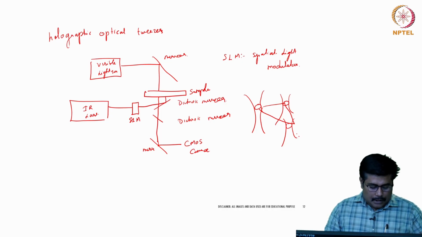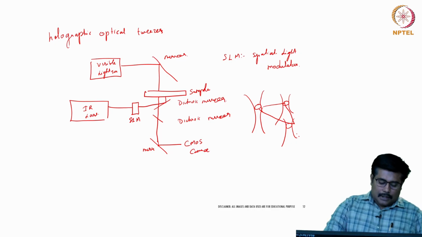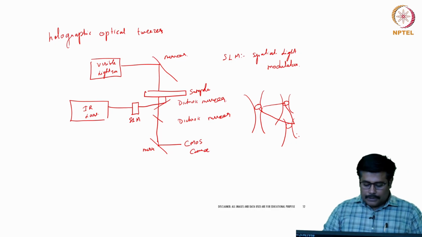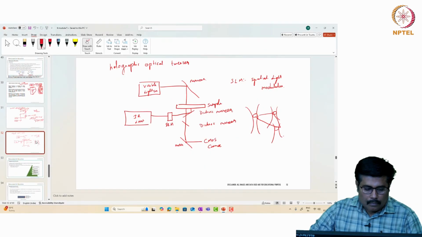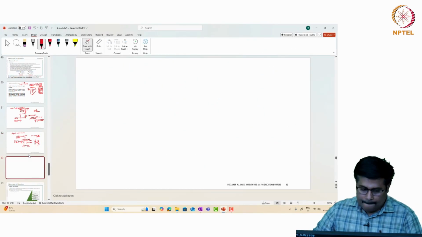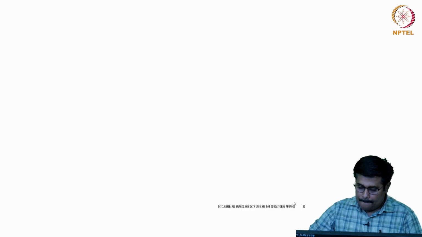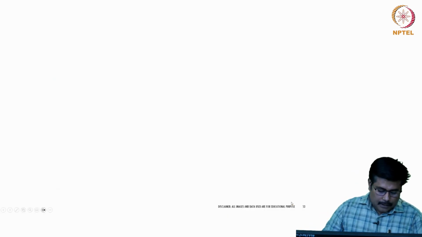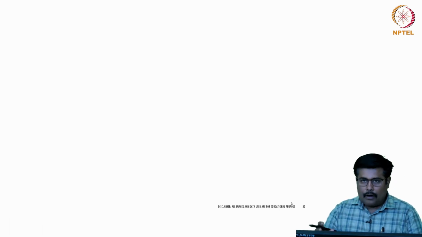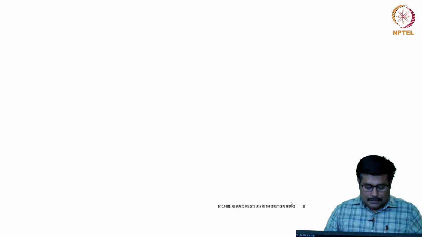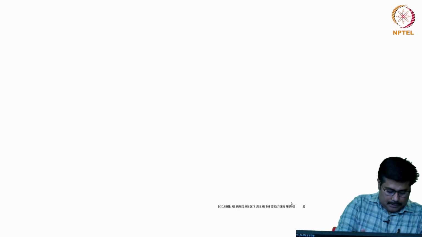Okay, so these are the different processes deployed with reference to automation of this system. Some of the key components involved in automating these optical tweezers: let us consider this as an optical tweezer.